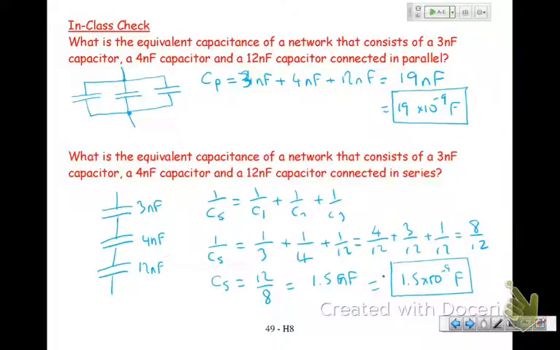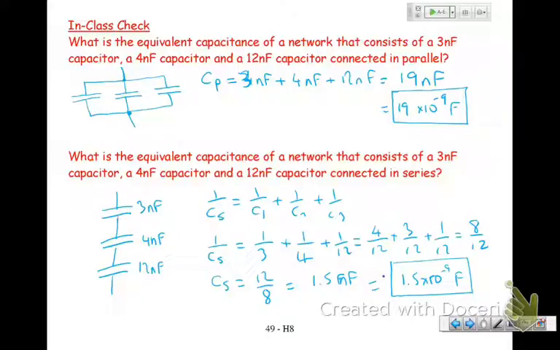And here's the kind of tip. Always check that your parallel combination is bigger than even the biggest individual capacitor. And always check, this is the real check, that your series combination is smaller than even the smallest of the others. Well, actually, that wouldn't help you in this case because it still looks smaller.